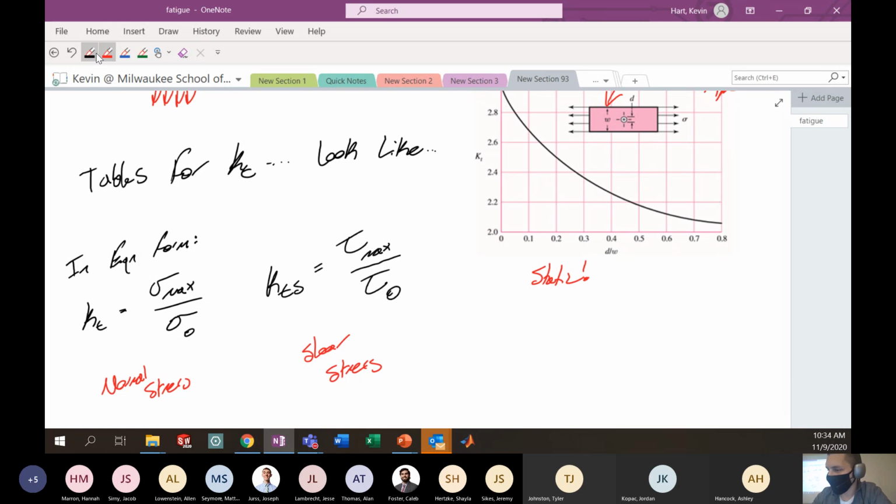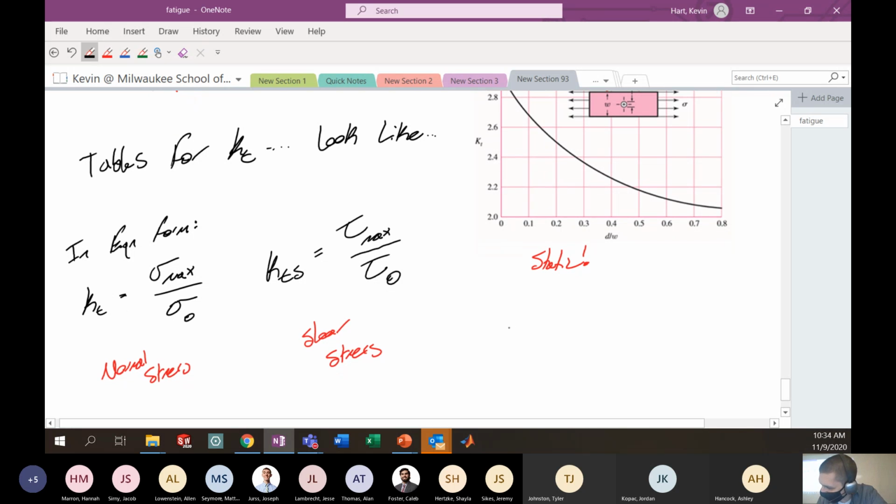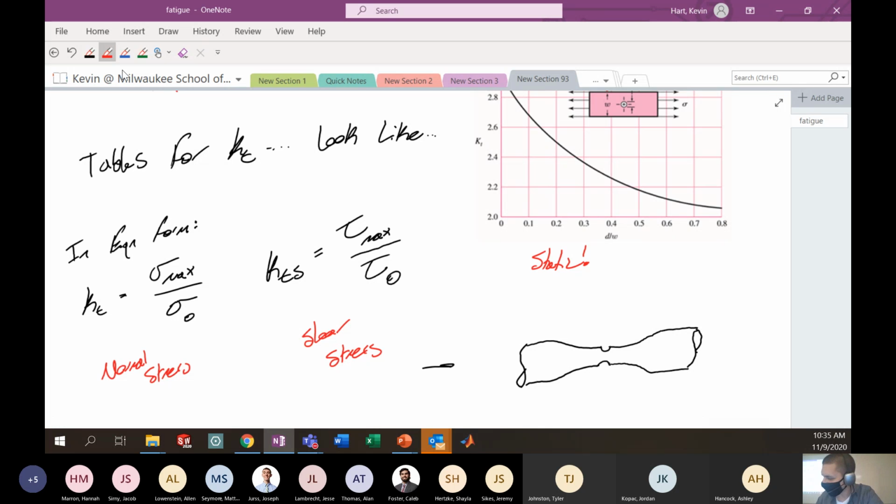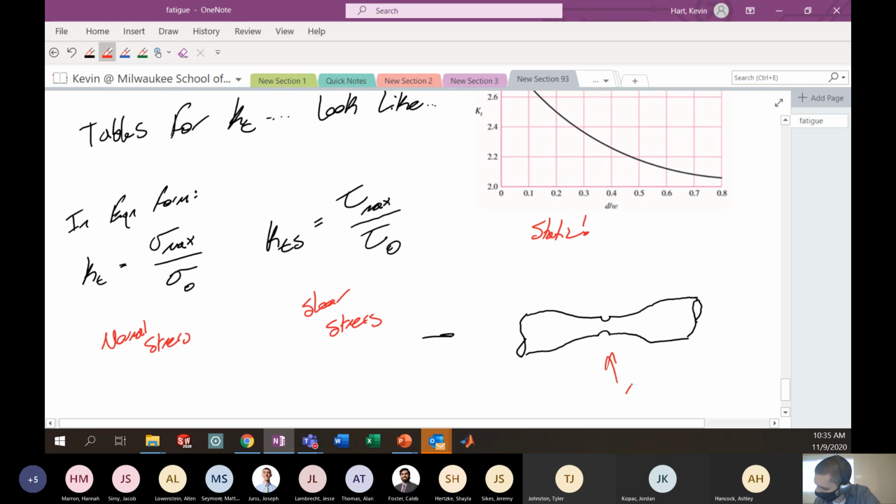A shear stress situation might look something like this: you have some round bar, and here you've got a notch in it. And we're putting this thing into torsion.